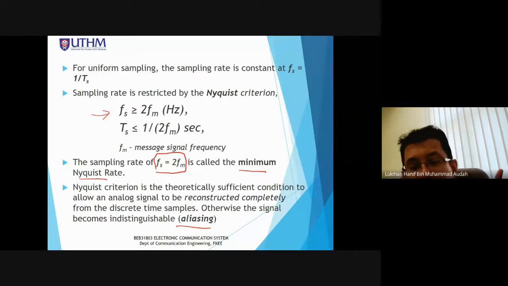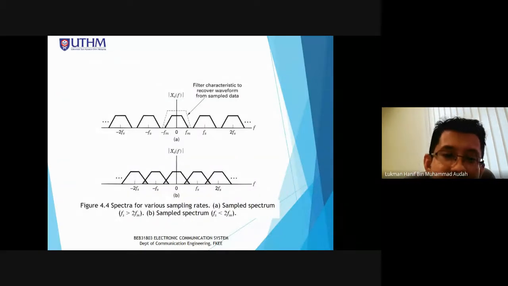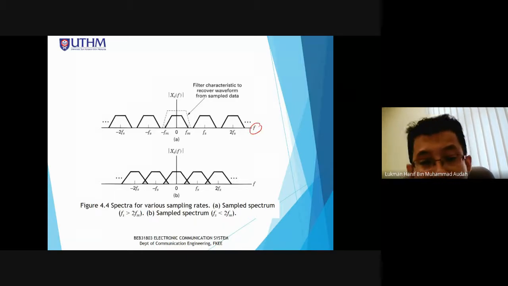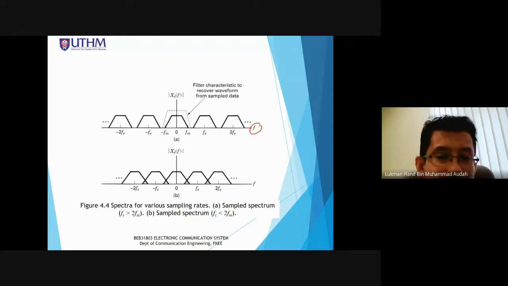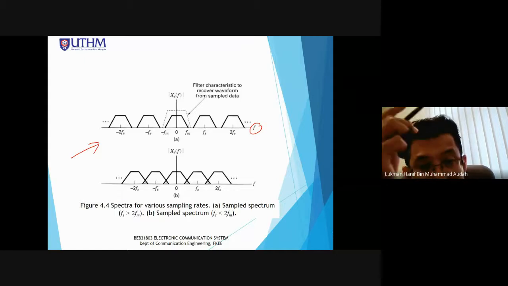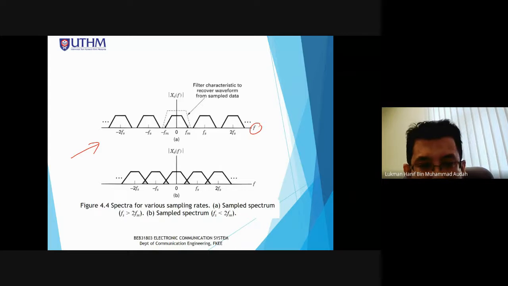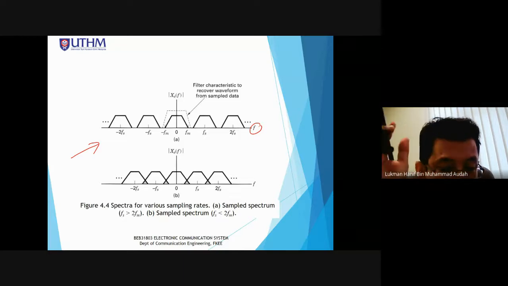Kalau sampling adalah kurang daripada 2 FM, maka akan berlaku pertindihan simbol dalam frekuensi domain. Itu dipanggil sebagai aliasing. Okay, maknanya simbol bersebelahan akan overlap, bertindih. Macam mana bentuk aliasing? Ini contoh ditunjukkan dalam frekuensi domain, selepas kita buat Fourier transform. Barulah dia jadi bentuk seperti ini. So pada asalnya kalau kita sample at Fs, we can sample symbol itu pada jarak-jarak jauh terpisah.